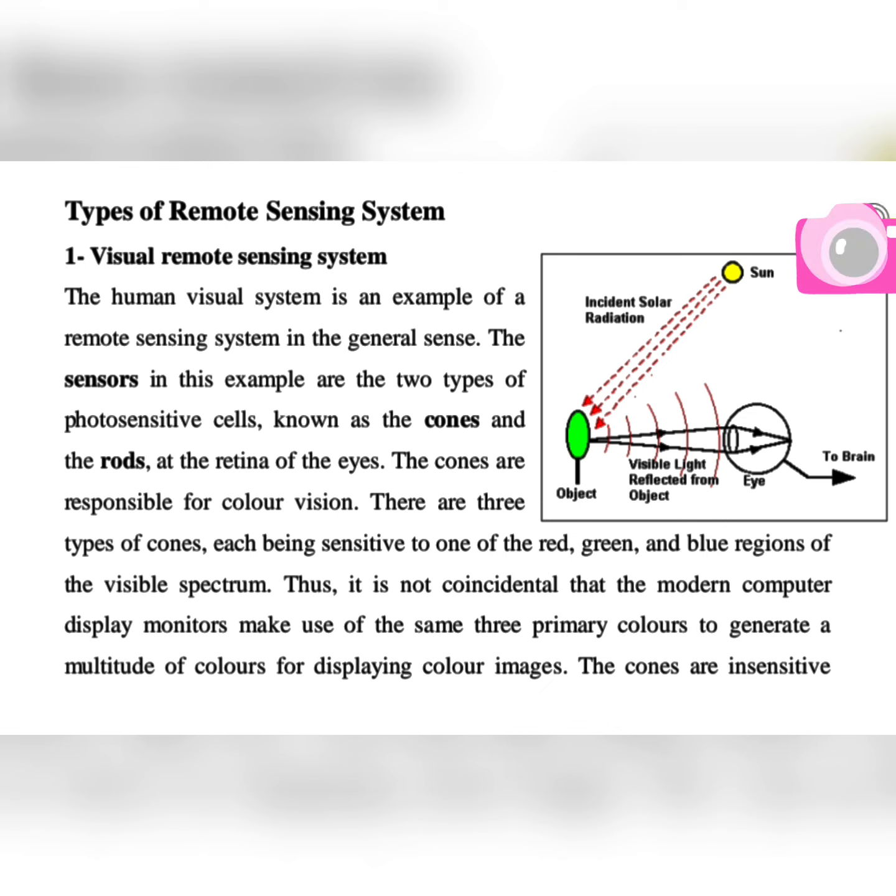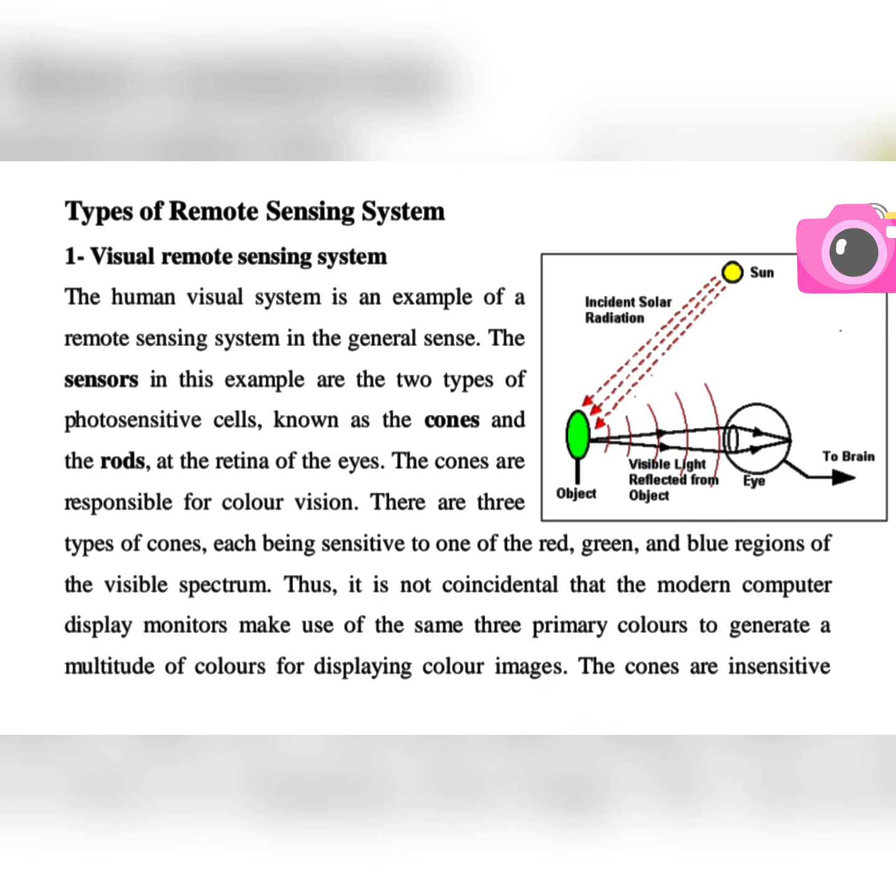There are three types of cones, each being sensitive to one of the red, green, and blue regions of the visible spectrum. Thus, it is not coincidental that the modern computer display monitors make use of the same three primary colors to generate a multitude of colors for displaying color images.